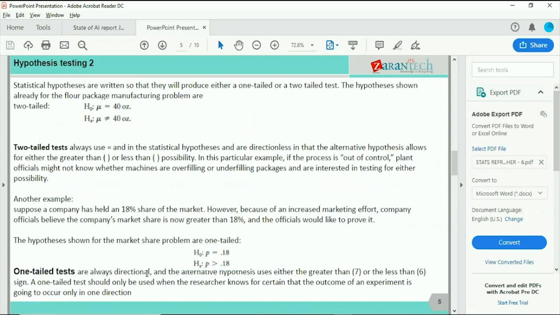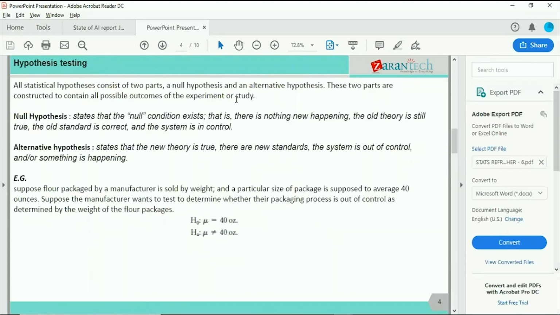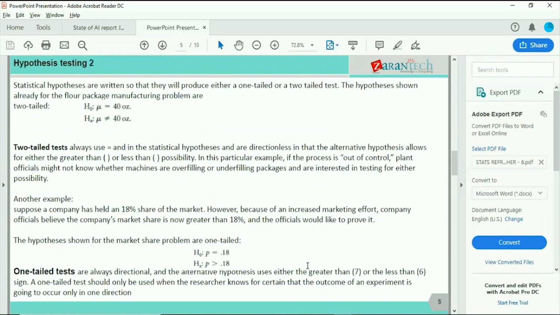One-tail tests are always directional, and the alternate hypothesis uses a greater than or smaller than sign. A one-tailed test should only be used when the researcher knows for certain the outcome of an experiment is going to occur only in one direction. In the previous problem, they were not sure. They wanted to establish first whether it is equal to 40 or not. So this is the difference between a one-tailed test and a two-tailed test.